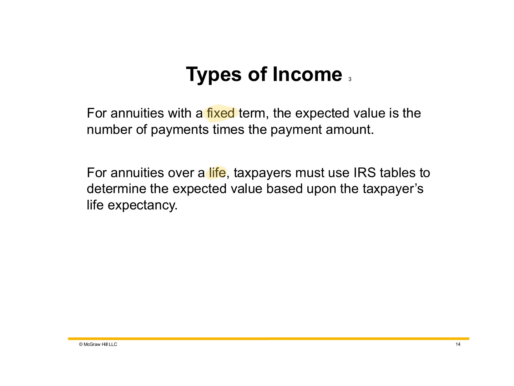So for annuities with a fixed term, the expected value is the number of payments times the payment amount. Whereas for annuities paid over a life, taxpayers must use the IRS tables to determine the expected value based upon the taxpayer's life expectancy. So let's look at some example problems to see the differences between the 2.